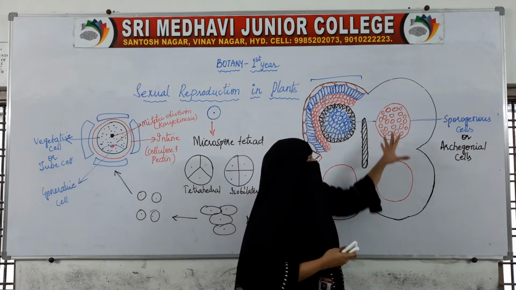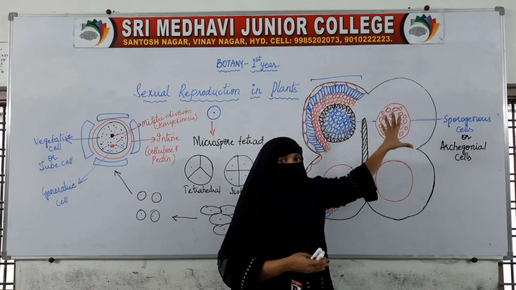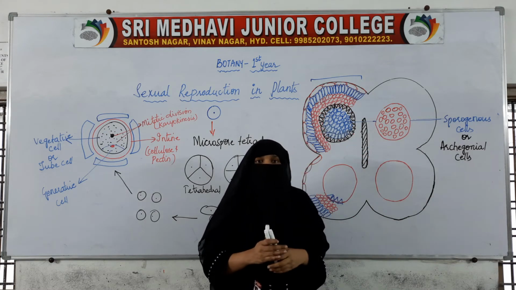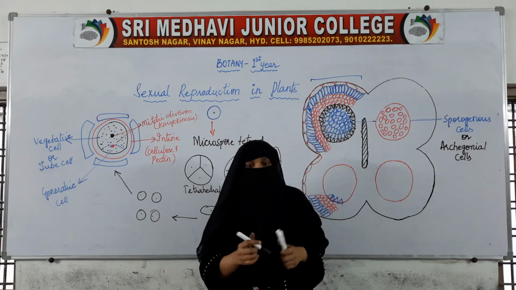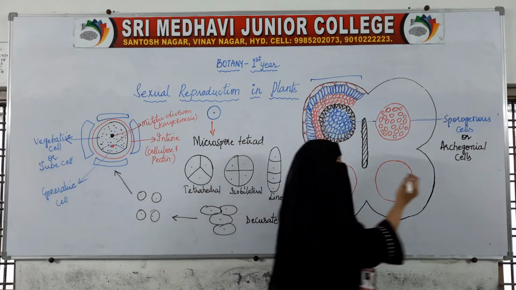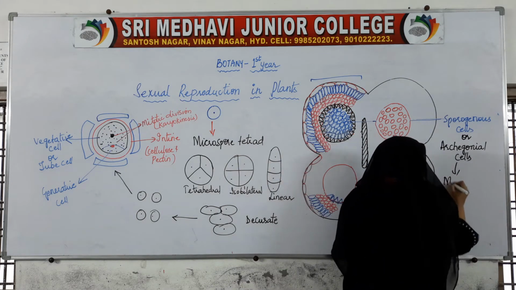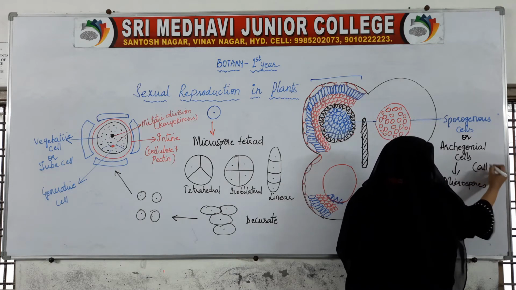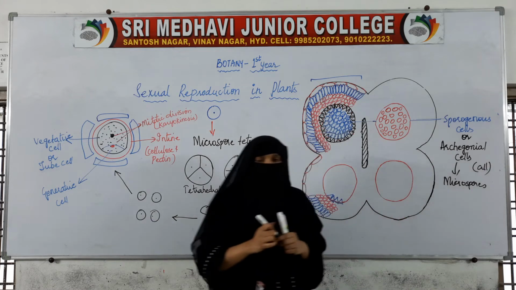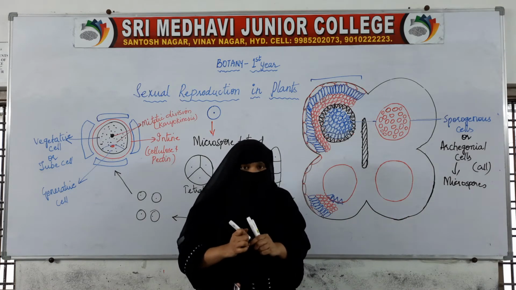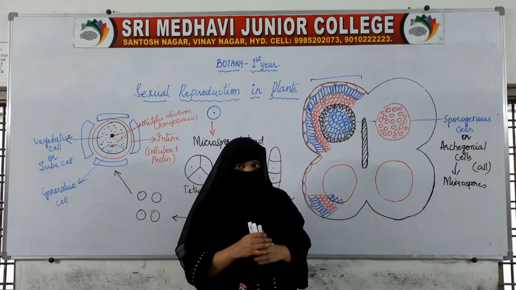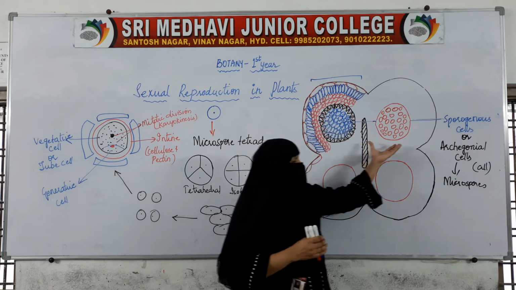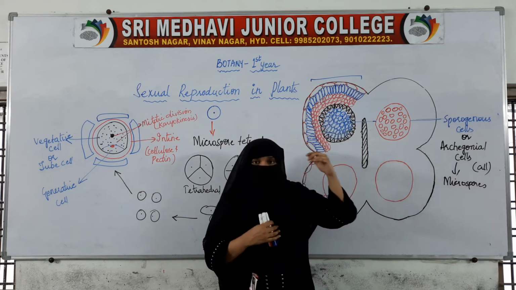All of the sporogenous cells are capable of producing microspores. All the cells are able to produce microspores, but all of them will not produce. I am not saying that only a few are capable.